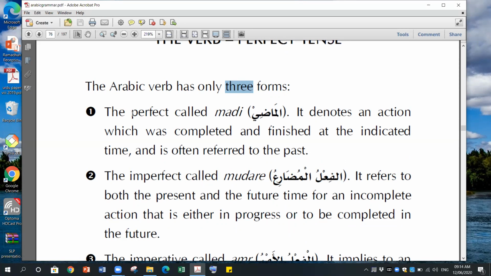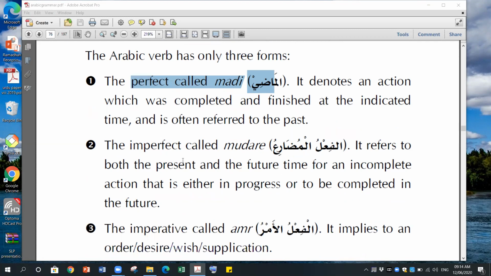The perfect, called fi'lul madi, denotes an action which was completed and finished. The second, they name it as imperfect because it is not completed.